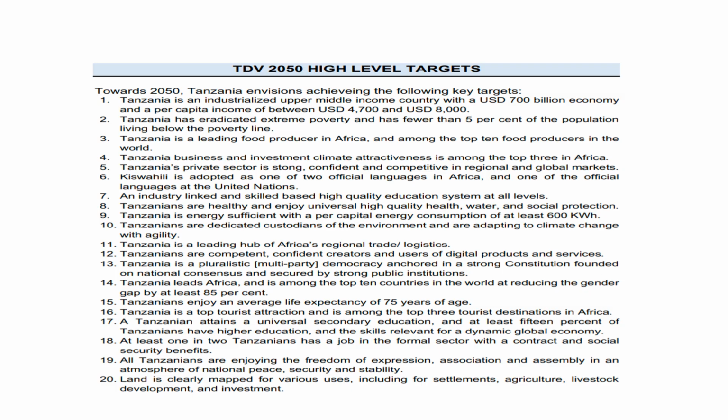Basically, you can always go and read all of them, all the 20 areas that Tanzania is focusing on, stipulated in the Development Vision 2050. Land is clearly mapped to various uses, including settlement, agriculture, livestock development, and investment, and so on.